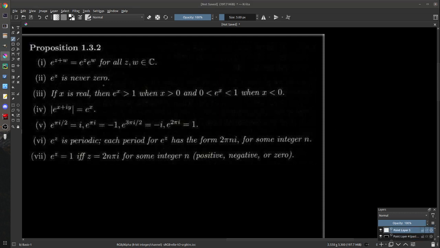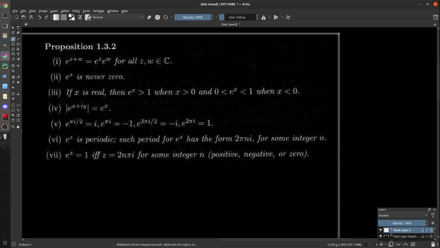Okay. So this proposition 1.32, very useful, full of lots of great information. These nice facts, like, you can have exponentials act in the way you want. It's never zero.